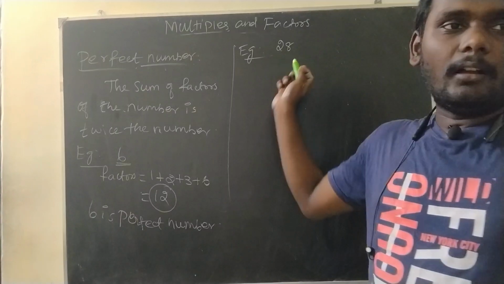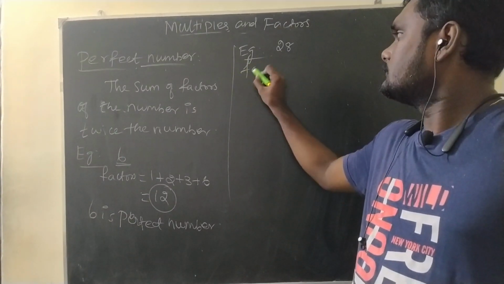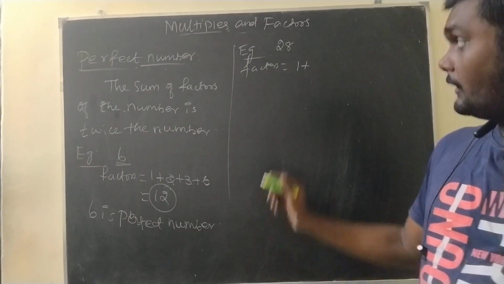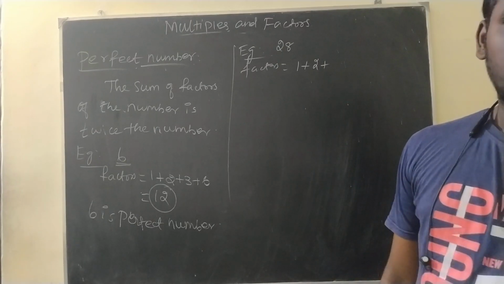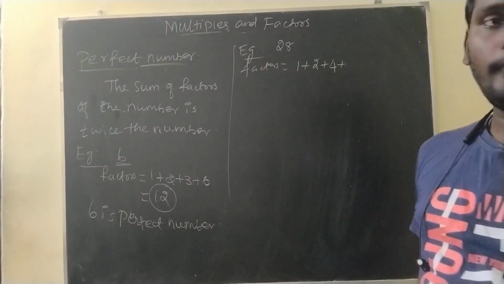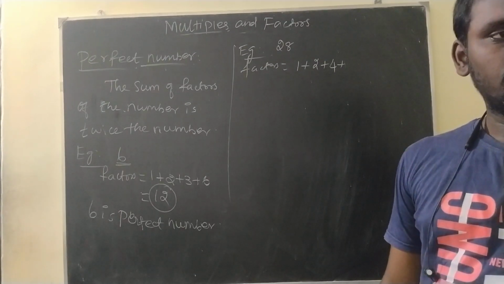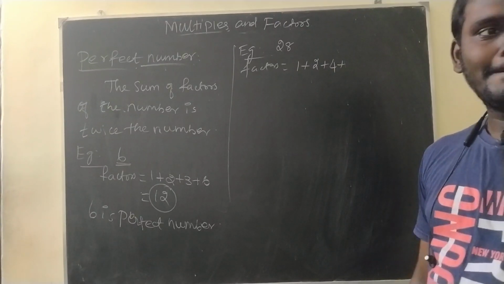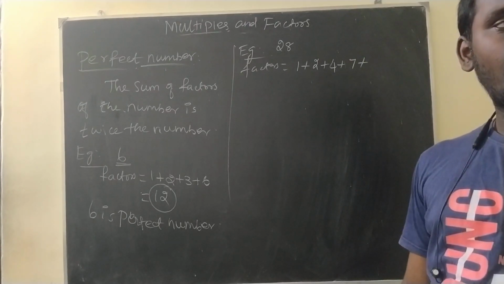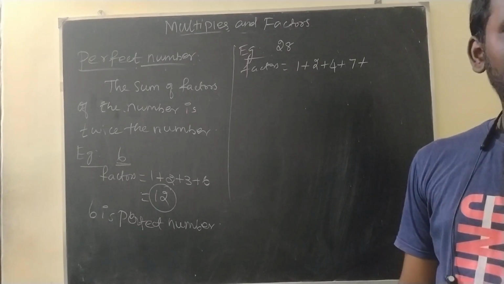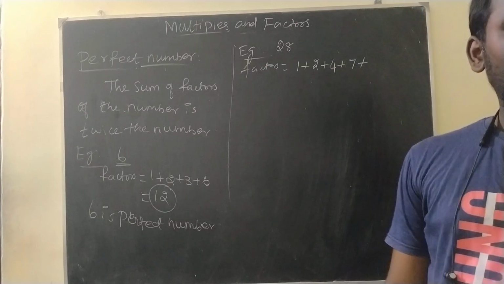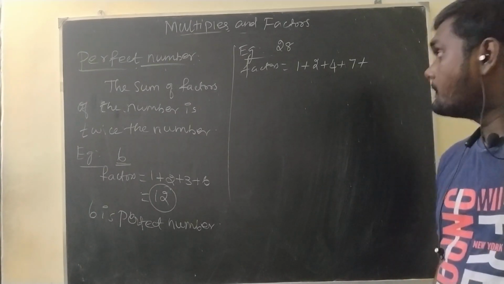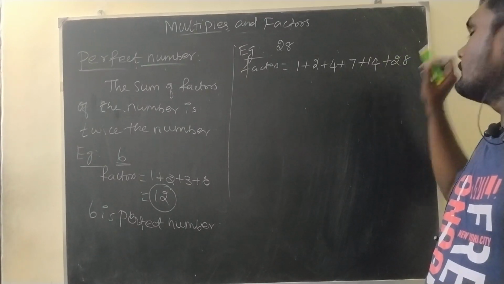Now 28, can you say the factors of 28? 1 is a factor, 2 is a factor, 4, 6 is not a factor, 7 is a factor, 8 no, how come 8? 14 is a factor and 28 is a factor.